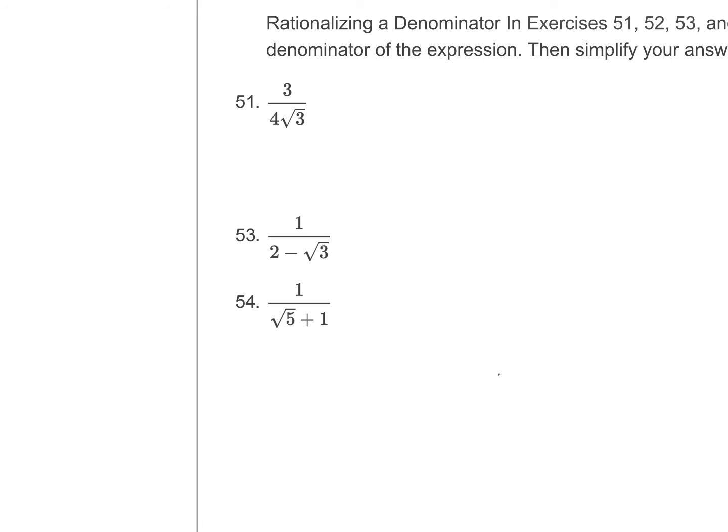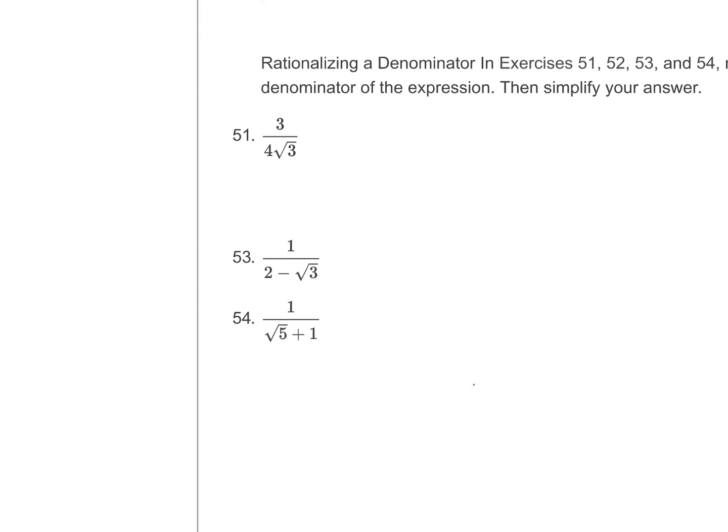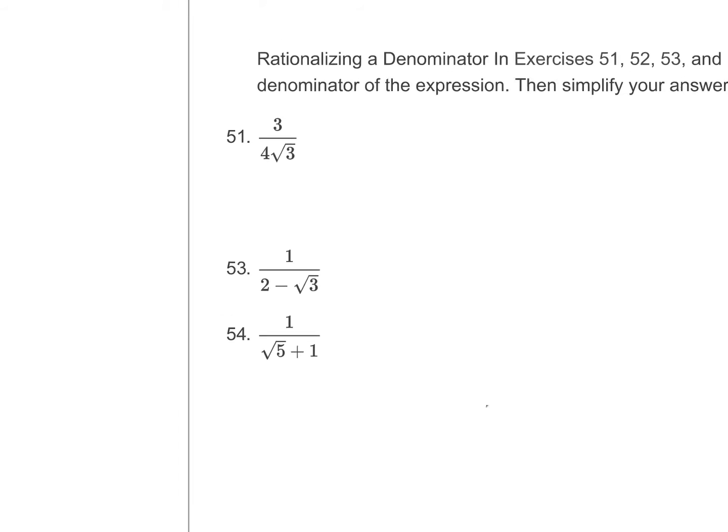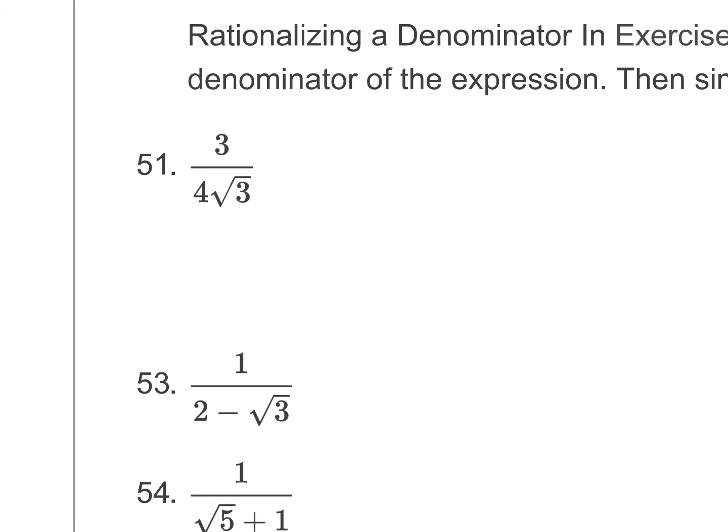Okay, so for 51, notice it says to rationalize the denominator. So here, what I need to do is get rid of that square root in the bottom. Now, when your denominator does not have a plus sign or a minus sign in between those numbers, all you need to multiply the top and the bottom by is the radical.